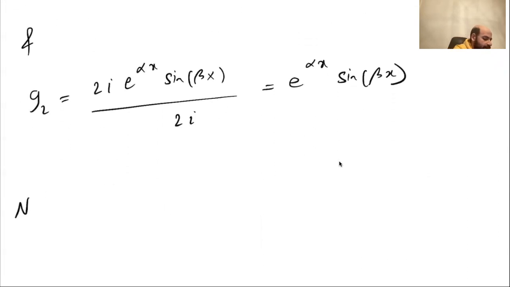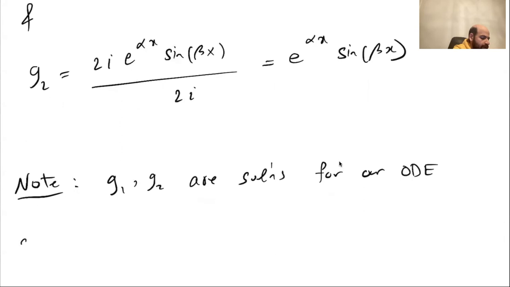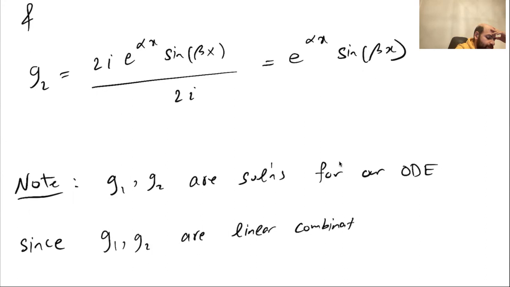And note that G1 and G2 are solutions for our ODE, since G1 and G2 are linear combinations of y1 and y2. So that's the first thing, that because these are linear combinations of y1 and y2, they are solutions for our ODE.